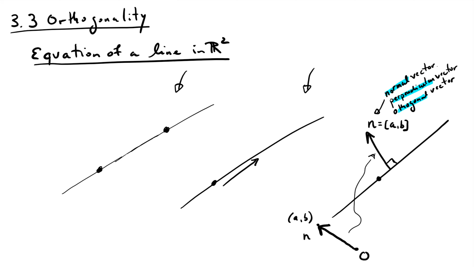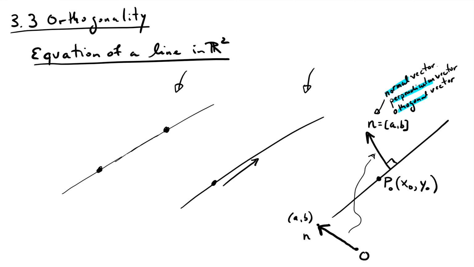But this point here, I could call it P naught or P0. I often say P0, but some people say P naught. That's a point through which the line passes, and I could say that it has coordinates x0, y0, or x naught, y naught.